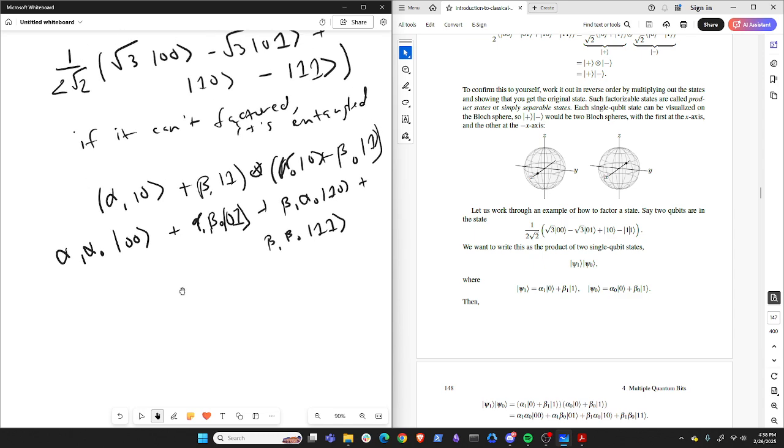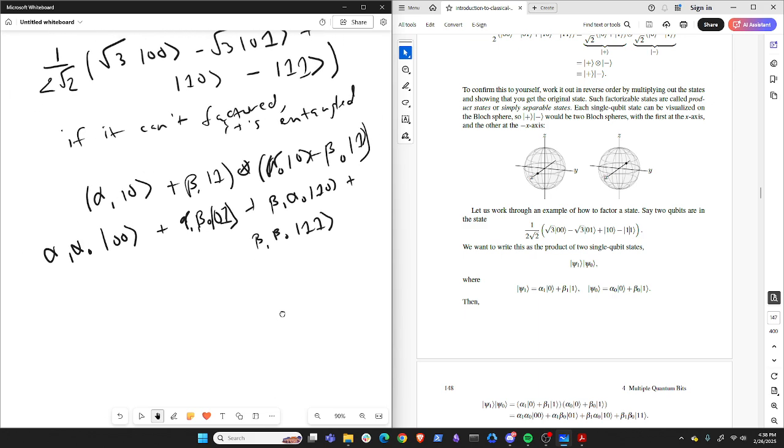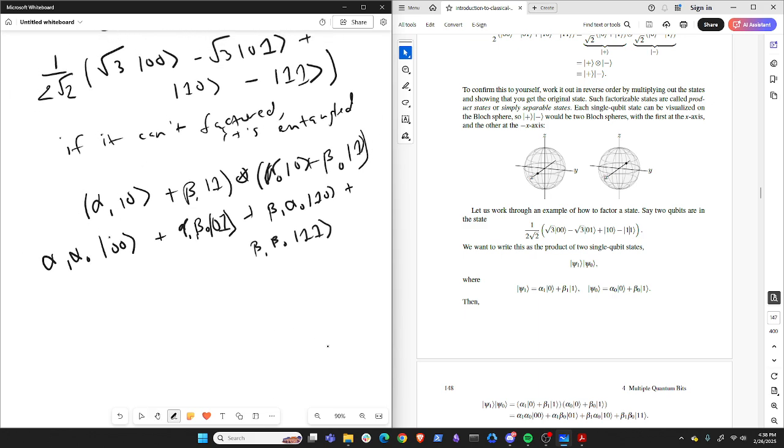So we can see here, we can match up our states. State 00 in our superposition has amplitude square root of 3 over 2 square roots of 2.